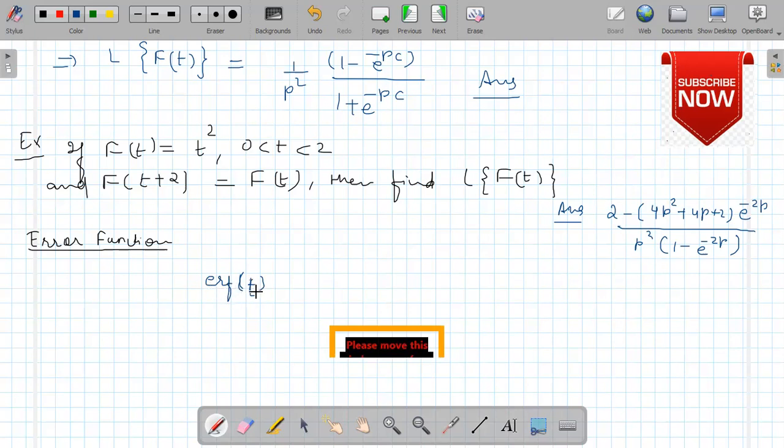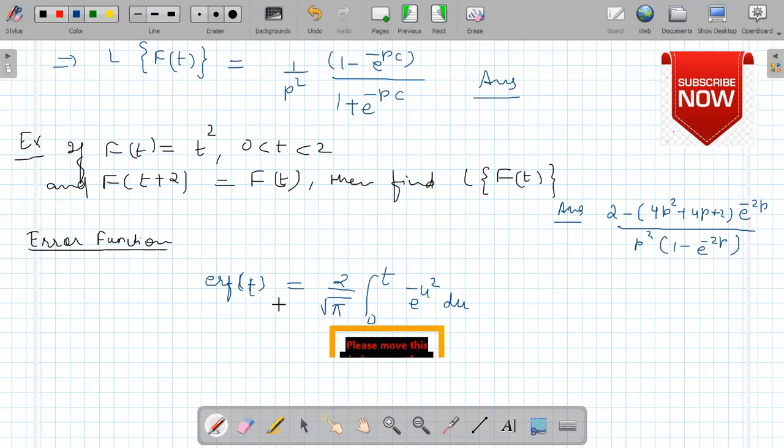Here the variable is t. It is defined as 2 upon under root pi integral 0 to t e to the power minus u square du. This function is named the error function.